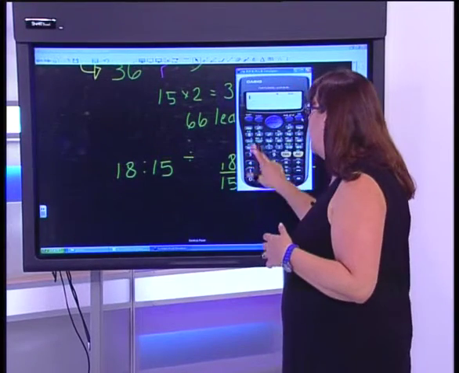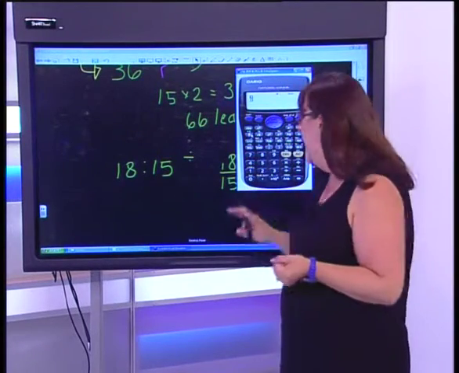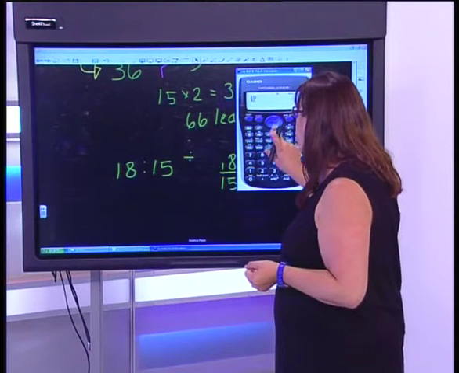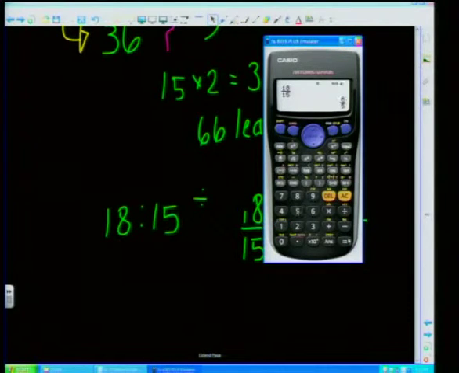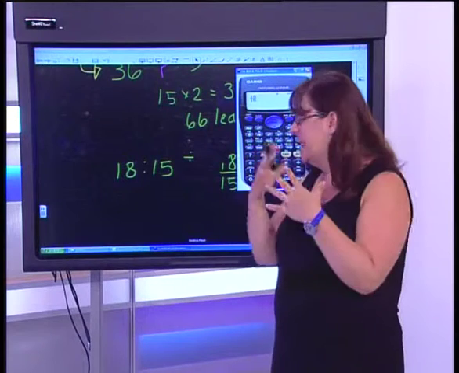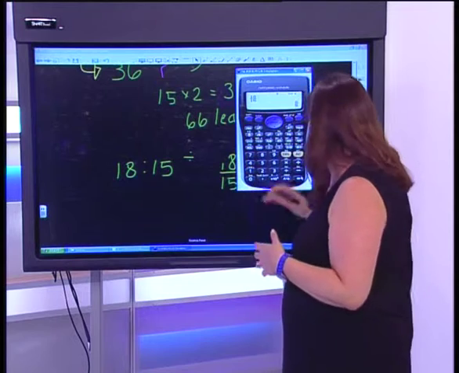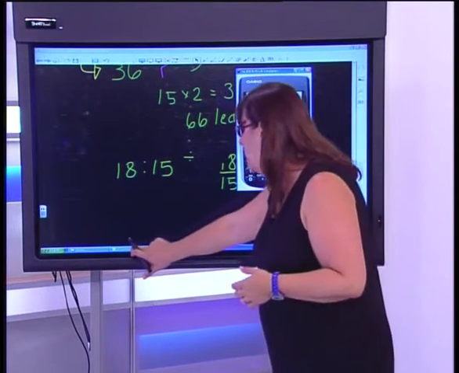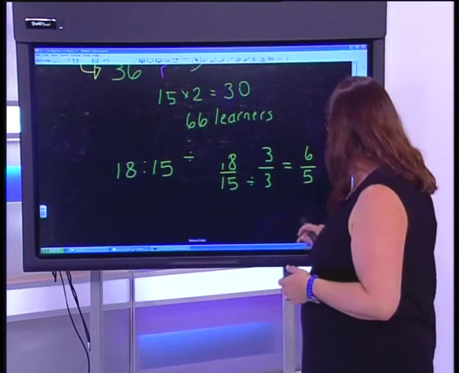But if you do have the calculator, use your fraction button and just type in 18 divided by 15 and press equals. And your calculator actually gives you the answer in the simplest form. So 6/5, well, we know we've calculated it correctly, and that's just one way you can test this ratio, and this proportion. So let's go back to our notes and see where it takes us next.